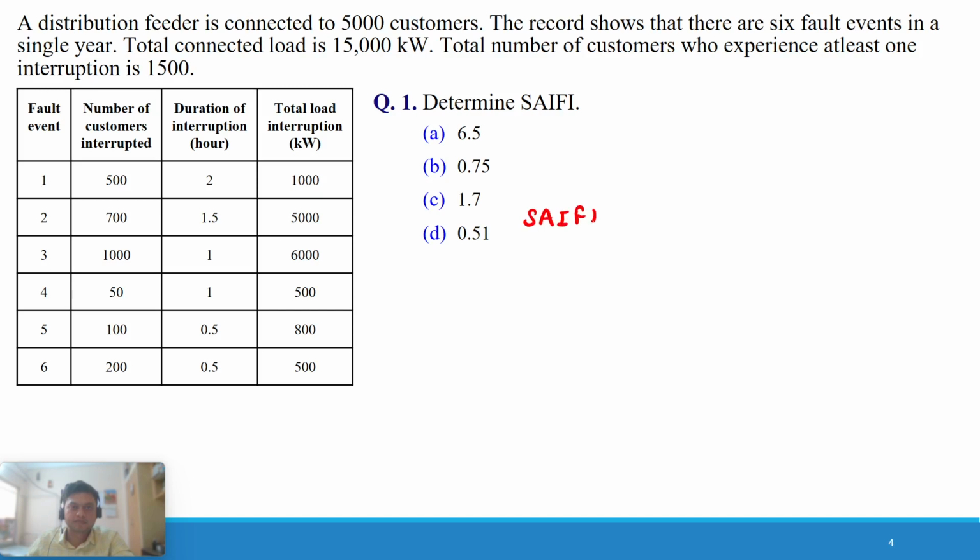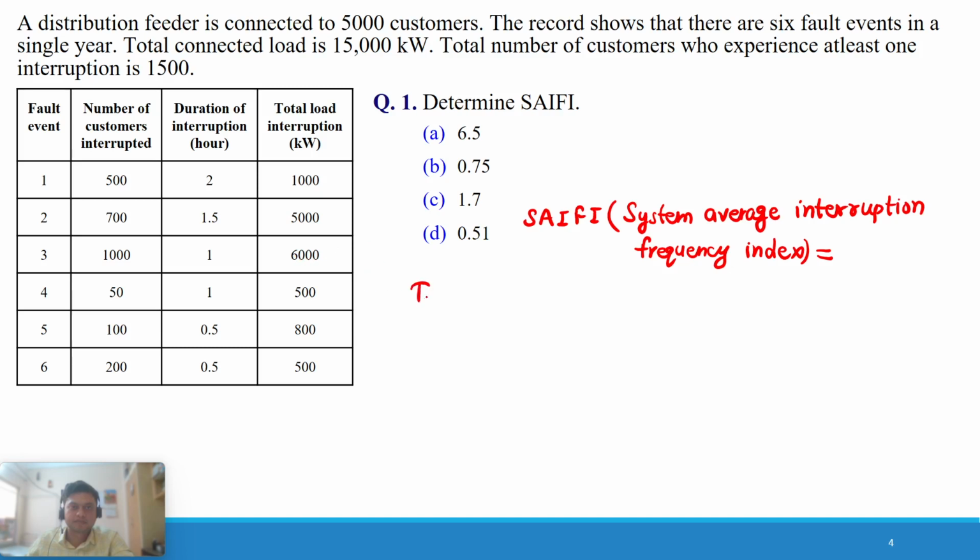SAIFI means System Average Interruption Frequency Index. We define SAIFI, the system average interruption frequency index, as the ratio of the total number of customer interruptions to the total number of customers served.